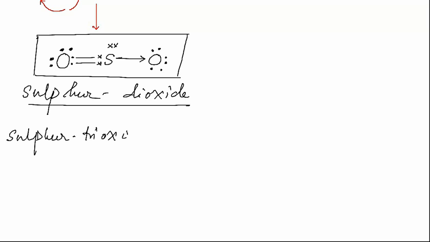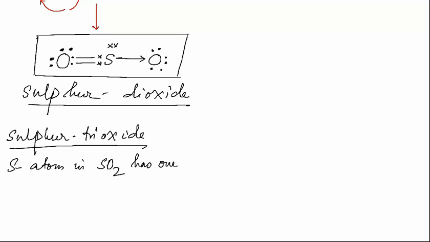In order to explain the sulfur trioxide molecule, let us have a look at the molecule of sulfur dioxide itself. If we have a look, we can find that the sulfur atom in SO2 has one lone pair which it can donate.